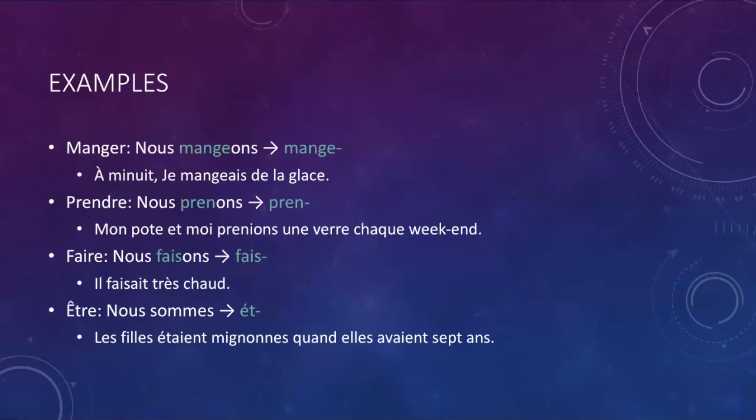So let's do some examples. For manger, let's conjugate it in the present tense nous form. Nous mangeons. Let's chop off our -ons for mang-e. And let's use it in a complete sentence with the subject je. À minuit, je mangeais de la glace.